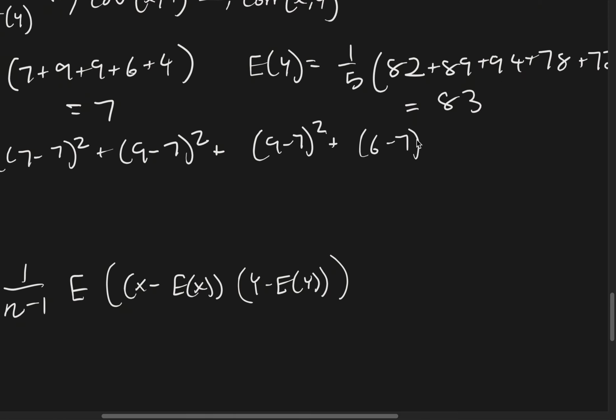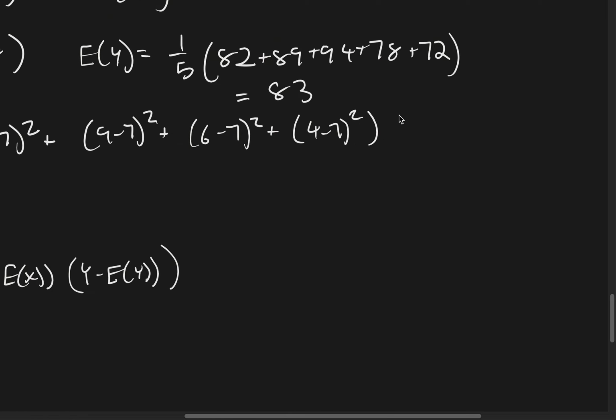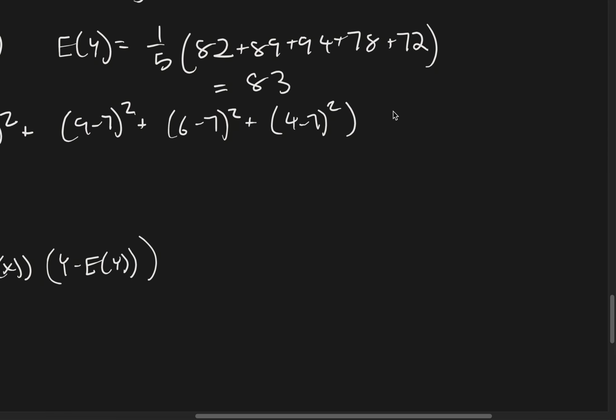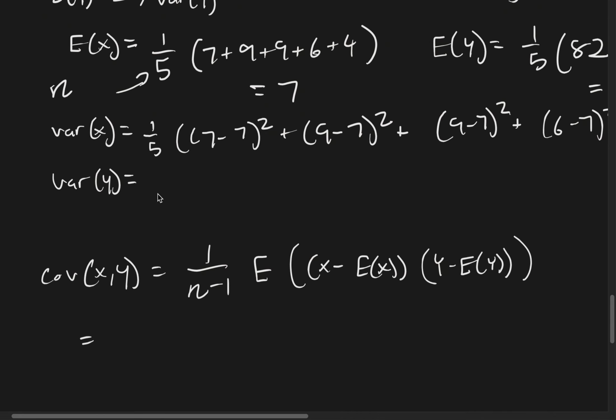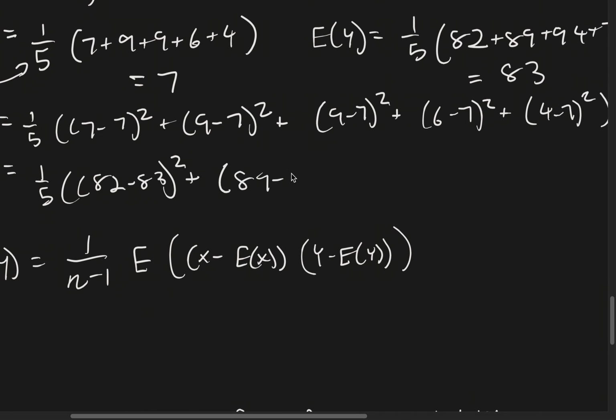So the variance of the amount of hours in the data within x is 4.5. And then I'll just write out the variance of y as well. I'll try to do it fast. 89.